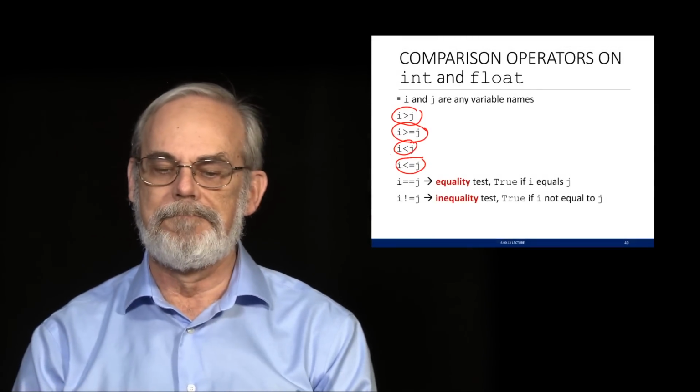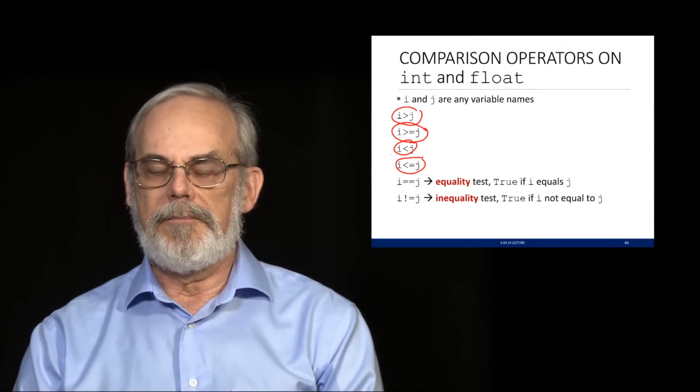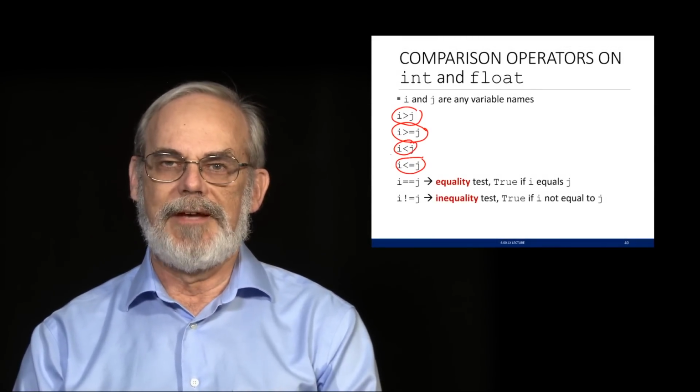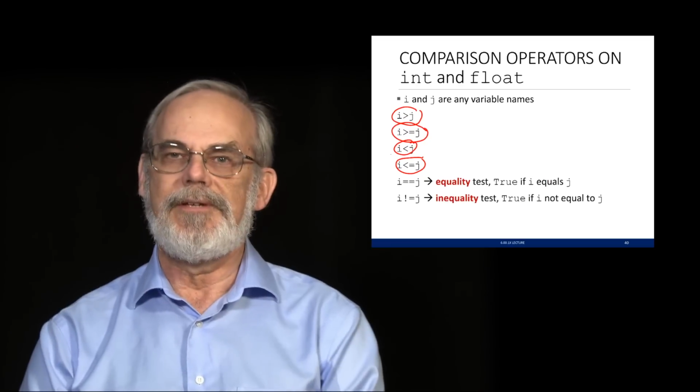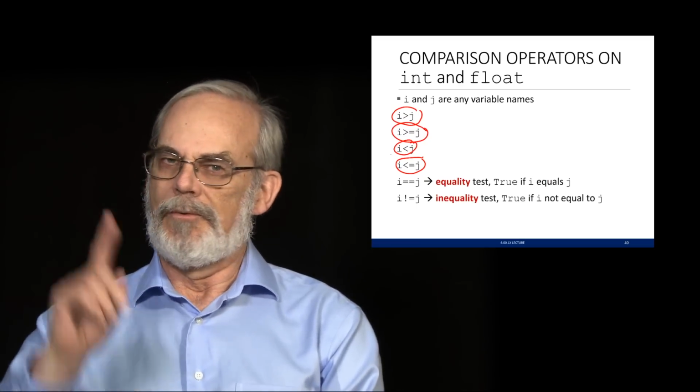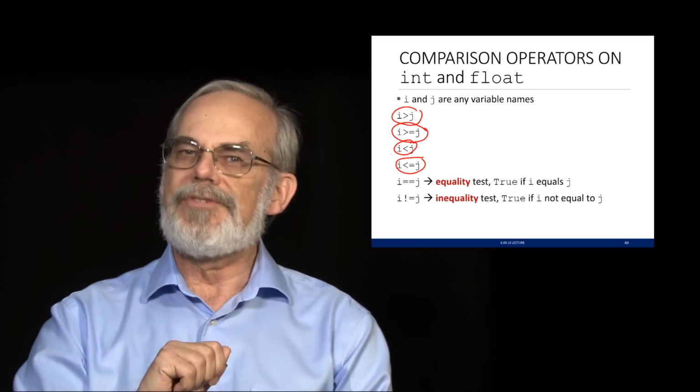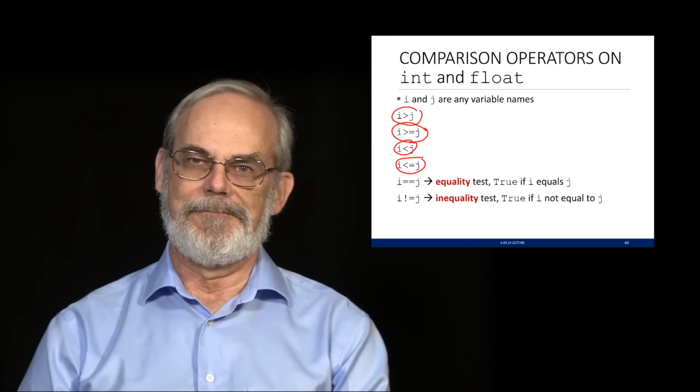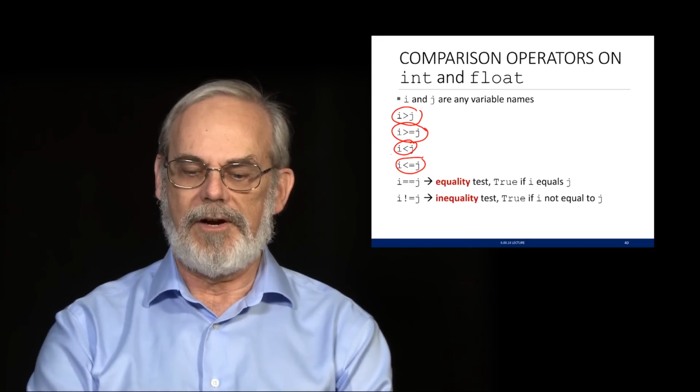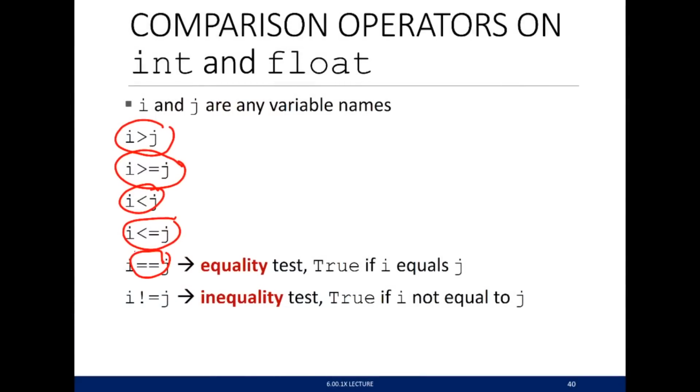Simple comparisons. I also want to be able to tell when something's equal. And you might think, oh, that's easy. Is 2 equal to 2? Wait. We already used equal as an assignment statement. So that won't work. And as a consequence, equality is done with double equal. Is 2 equal to 2?